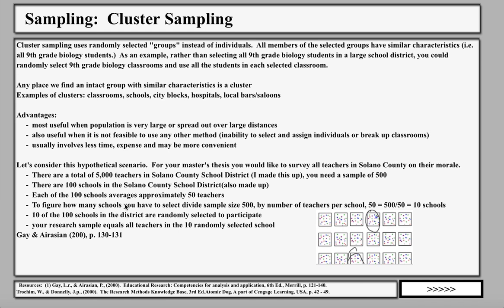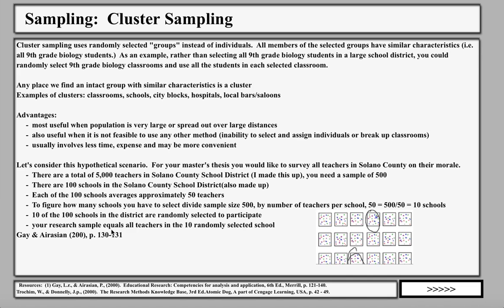To figure how many schools you would have to select, you divide the sample size, which is 500, by the number of teachers per school, which is 50. 500 divided by 50. So you would need to sample 10 schools. You would need to randomly select 10 schools out of the 100 schools in the district. 10 of the 100 schools in the district are randomly selected to participate.